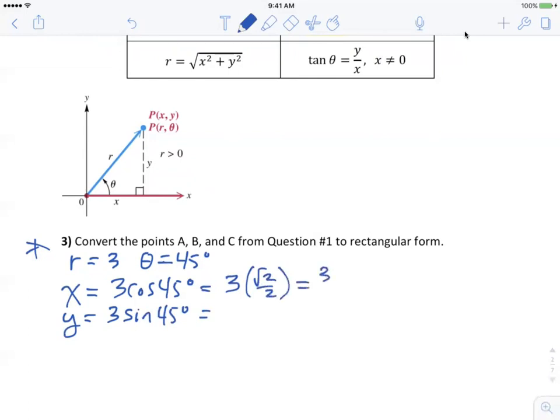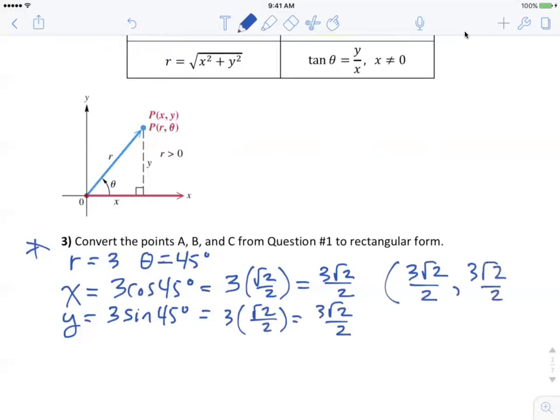So this is 3 √2/2 for the x. And the sine is actually the same at 45 degrees. So the rectangular form is x comma y: 3 √2/2, comma 3 √2/2. All right. That's the same point, just described in a different way using x and y, horizontal and vertical, as opposed to the angle and the distance from the origin.